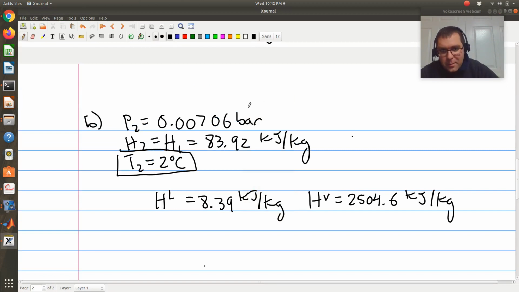All right, so at that pressure, I find that my enthalpy is between the enthalpy of my saturated liquid and vapor, so I must have a two-phase system.